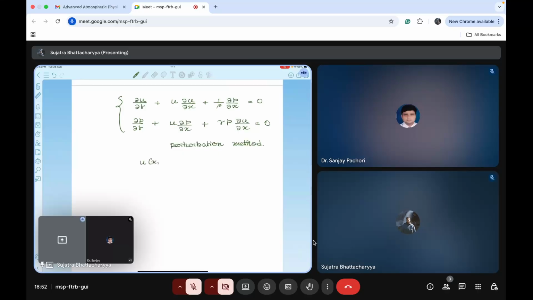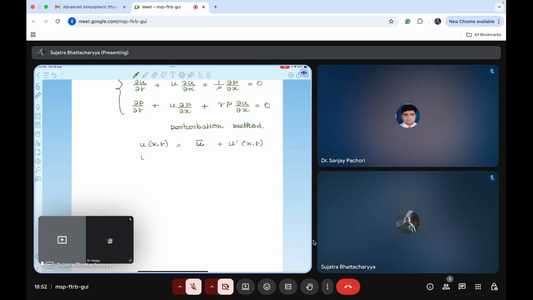Since u is now a function of x and t, because in y and z there is nothing, u of x,t is u bar, which for a very short region we have assumed is constant, plus u dash of x,t. Similarly, rho is equal to rho bar plus rho dash of x,t.